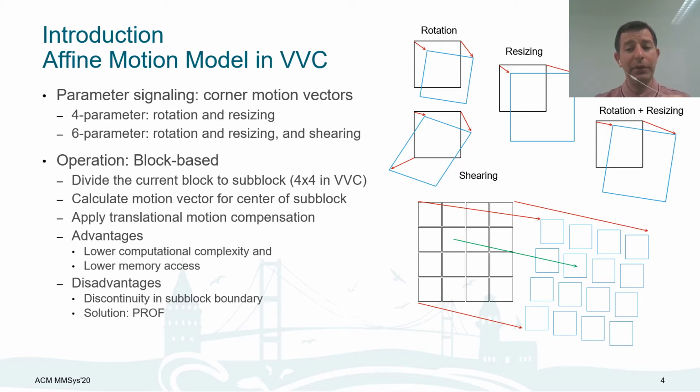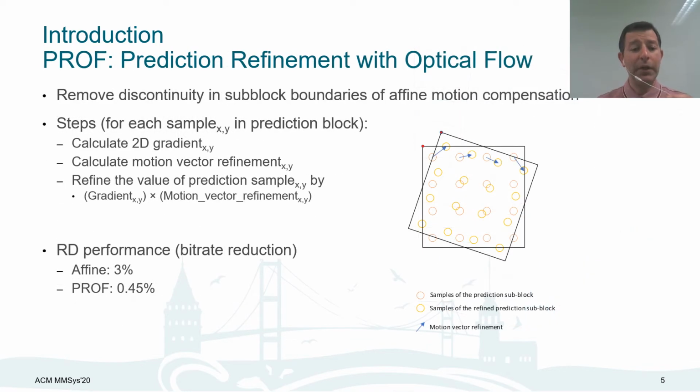So the problem here is that there is discontinuity. You see that the sub-block boundaries have discontinuity. The solution for this in VVC is PROF, prediction refinement with optical flow.